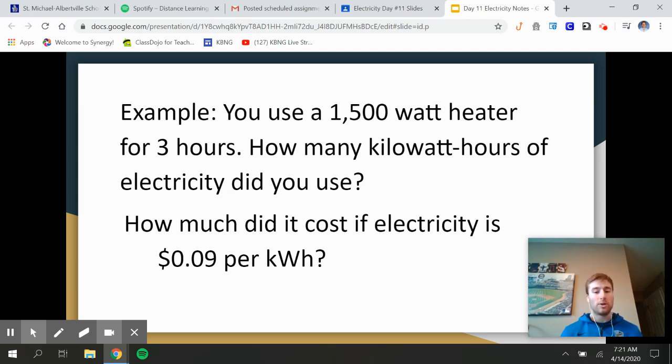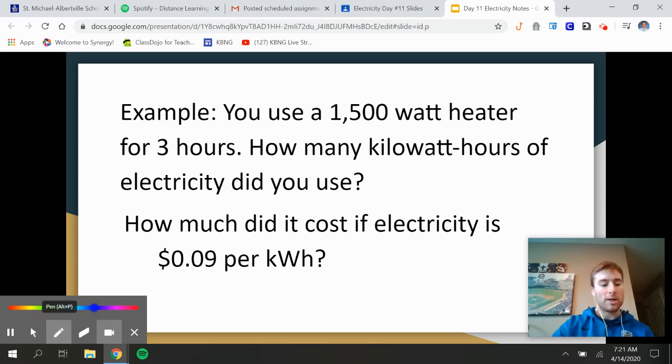So if we use a 1500 watt heater for 3 hours, how many kilowatt hours of energy did you use? If we take this 1500 watts, 1500 watts is equal to 1.5 kilowatts, because there's 1,000 watts in a kilowatt.